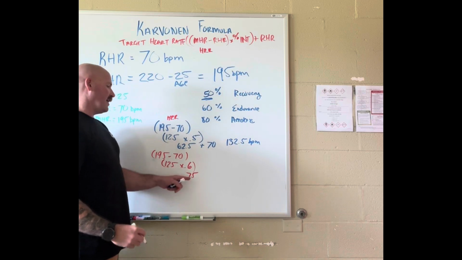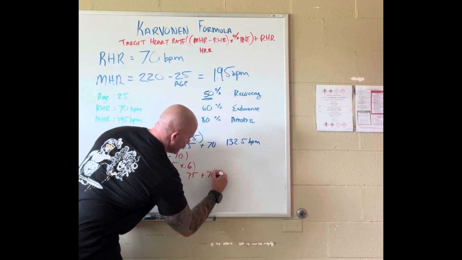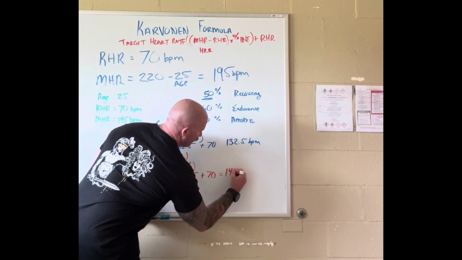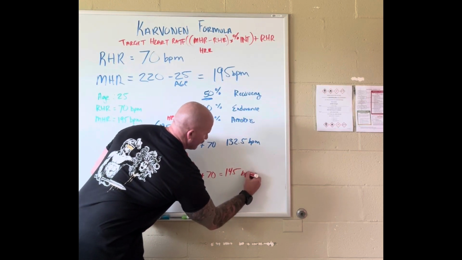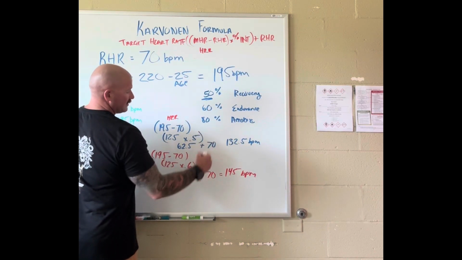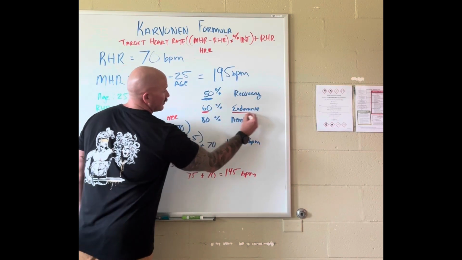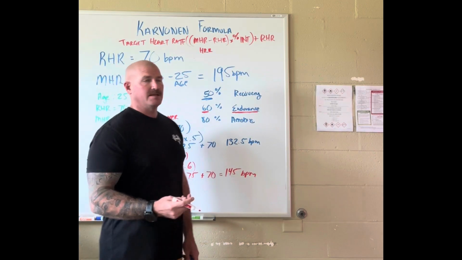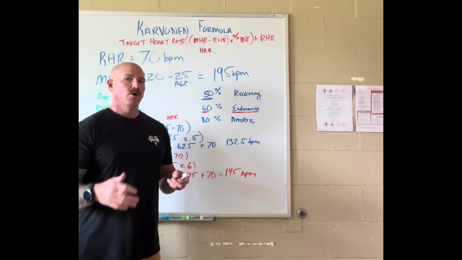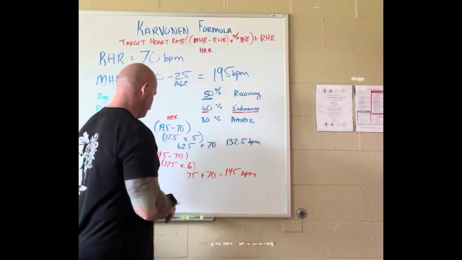Okay, now 75 plus 70 is going to give us 145 beats per minute. And again, the 60% is an endurance. Any type of endurance intensity is like a medium, like an average type walk or jog.